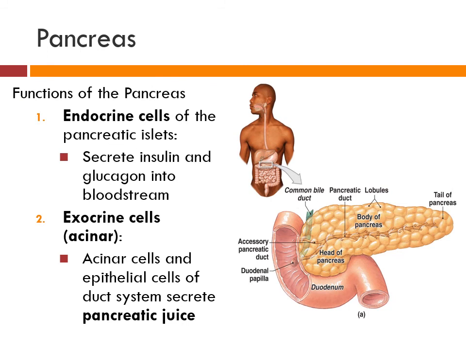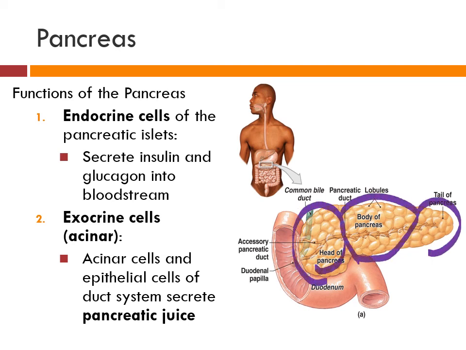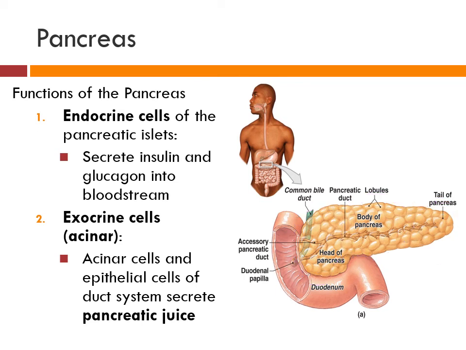The pancreas is another accessory organ of digestion. It is retroperitoneal. It's made up of the head, which you see over here, the body here, and then the smaller tail down here. It's endocrine and exocrine. I believe that was an extra credit question on the midterm.